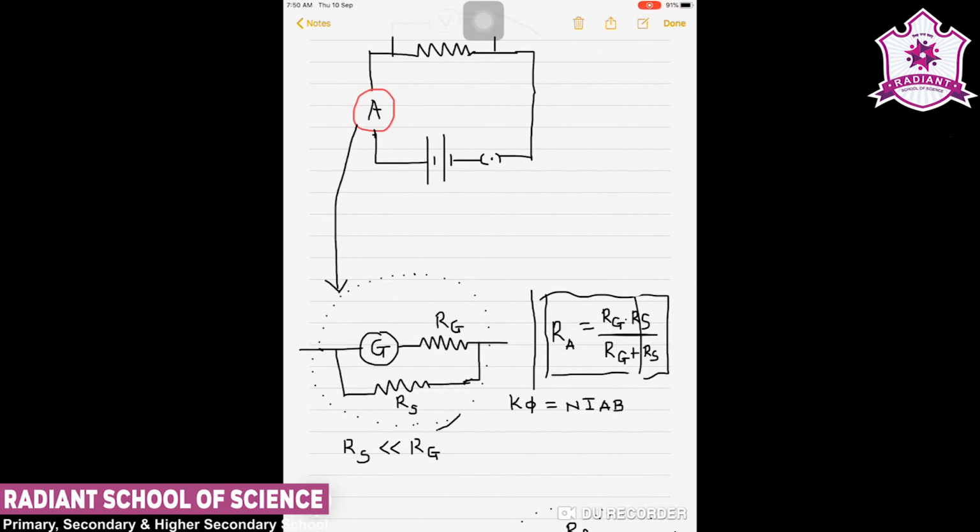If I take phi upon I as the term, then it will be NAB over K. Now on the right hand side all the terms are constant, so this portion is called phi by I, that is deflection per unit current, and that is called current sensitivity. It is given by IS, that is current sensitivity, and it is deflection per unit current.